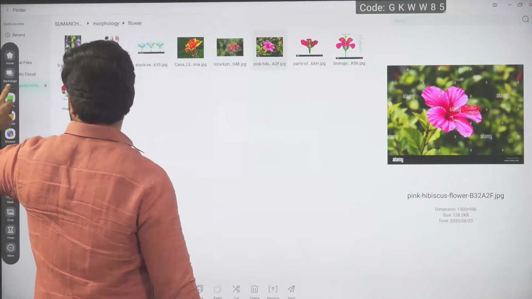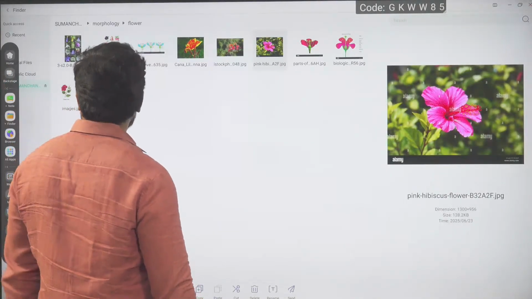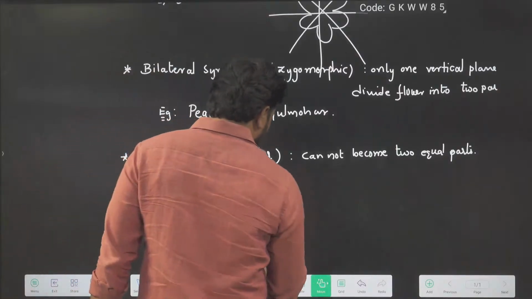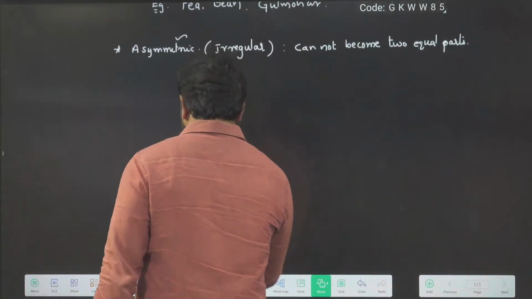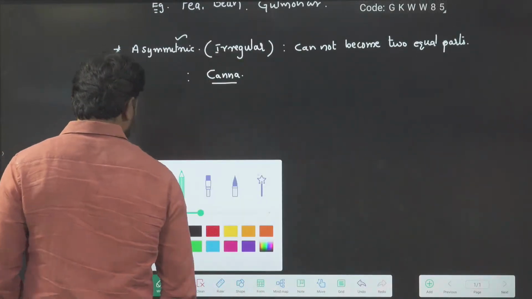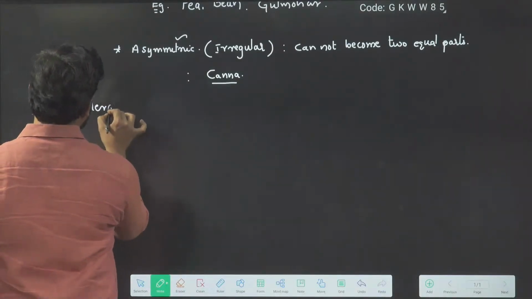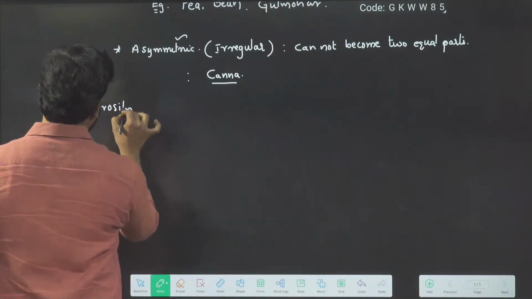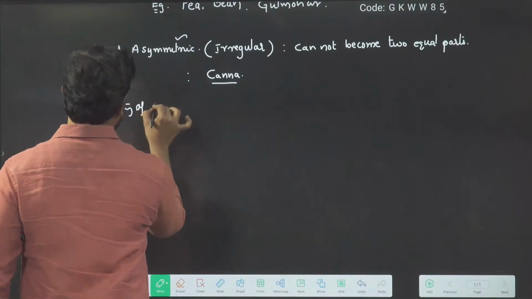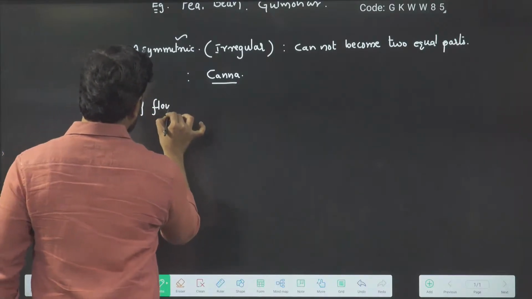Next, after the arrangement, after the symmetry, then we go to a concept: merosity of flowers. What is merosity?